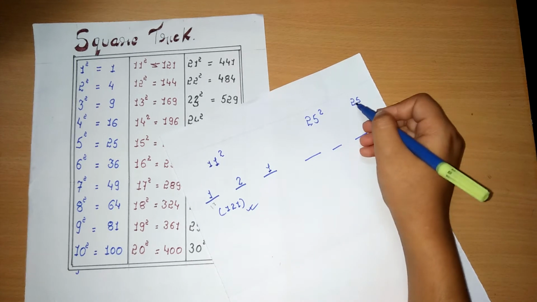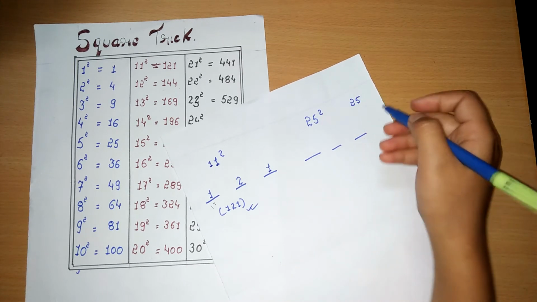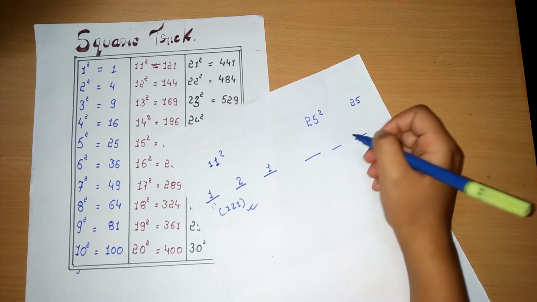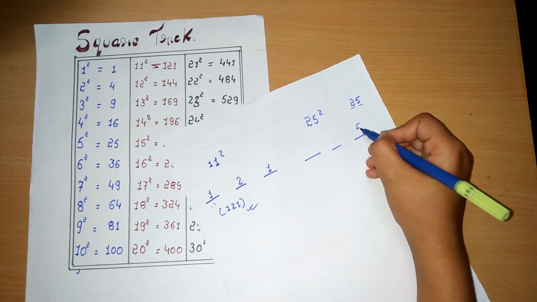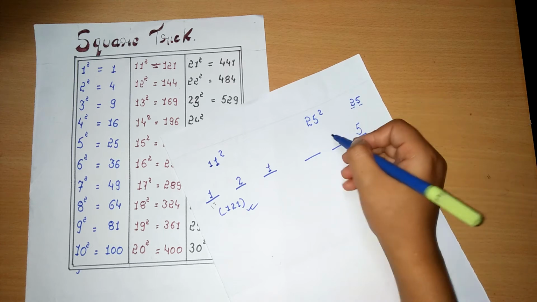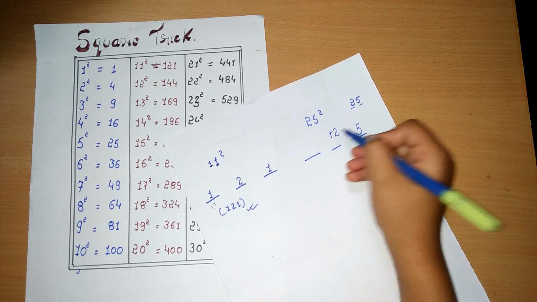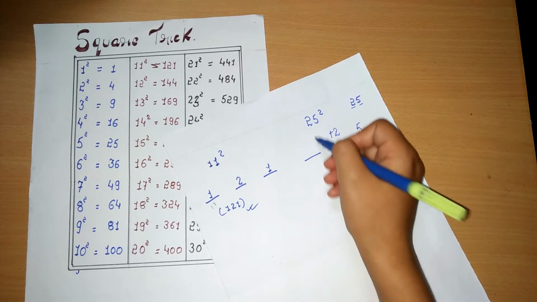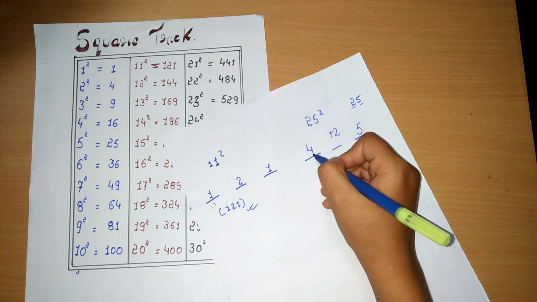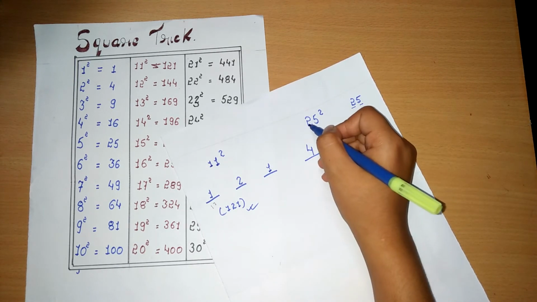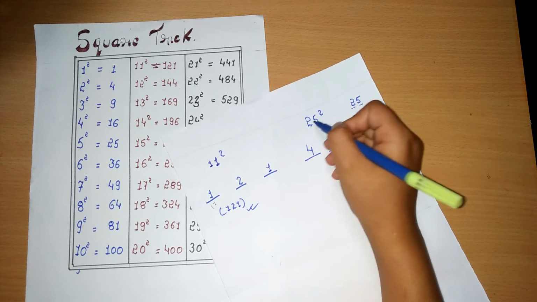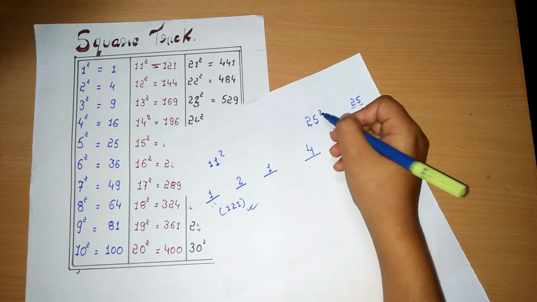So in 25 we are only allowed to write one digit here, so we write only 5, and the 2 is added to the middle part. Again we write the square of 2, which is 4, and in the middle part we multiply 2 into 5 into 2: 2 into 5 is 10, 10 into 2 is 20.